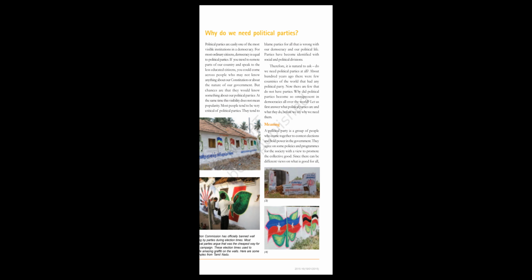Which political party contested elections in China and is the only party which could form the government? Communist Party. Yes, Communist Party, right? So even though China is not a democracy, it has a political party.